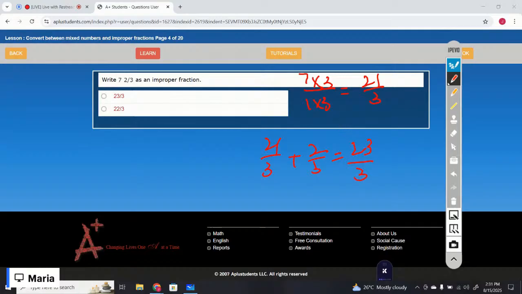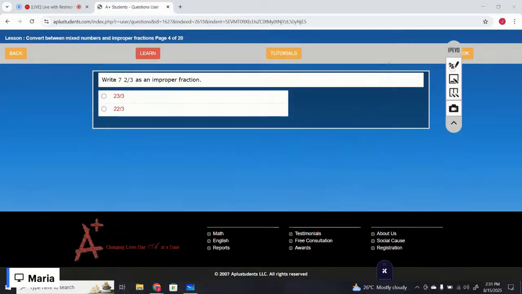Option number 1 is the correct option, that is 23 over 3.